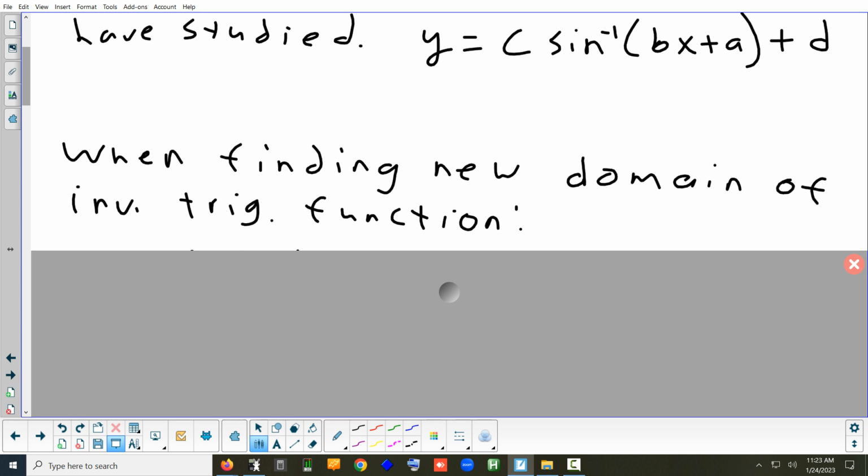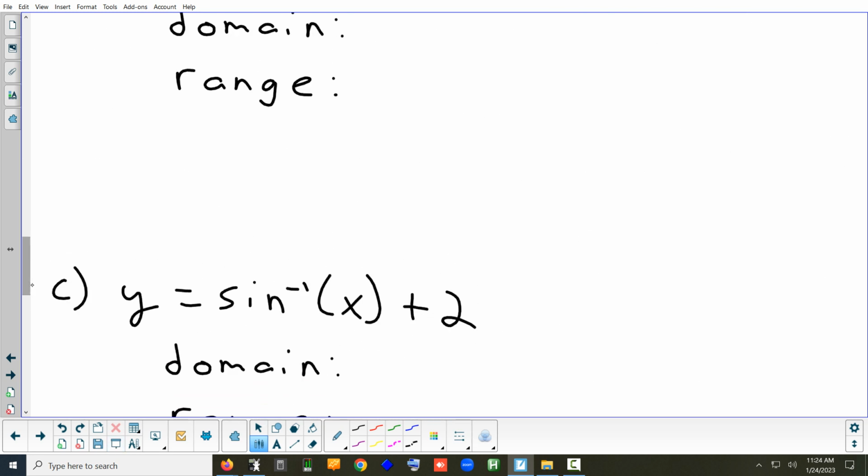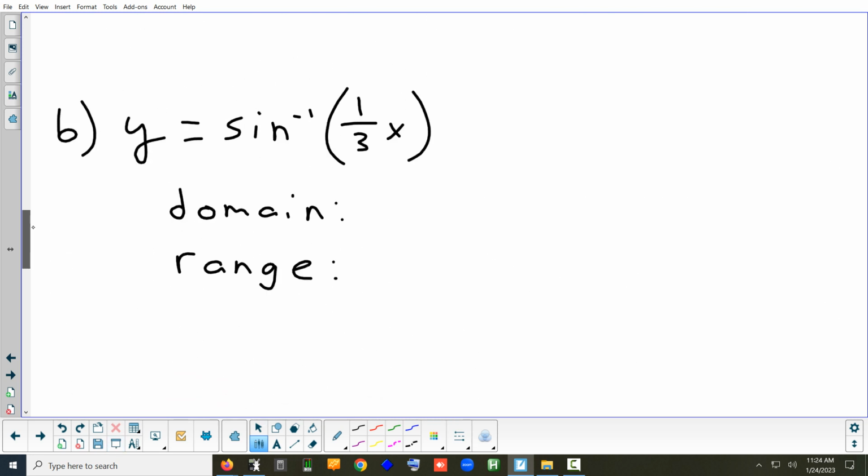So the way we're going to figure out the domain, say we had something like this, or like this. We're going to find the new domain and range. Of course, if you're only doing one transformation, one of these is going to stay the same.